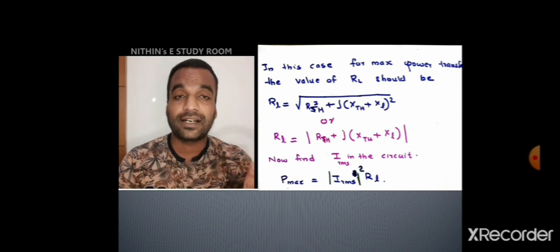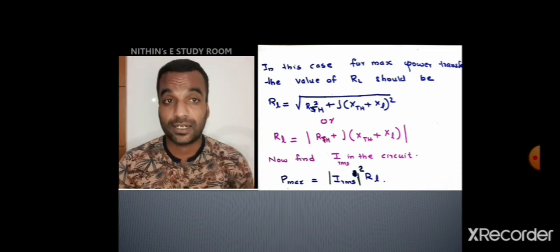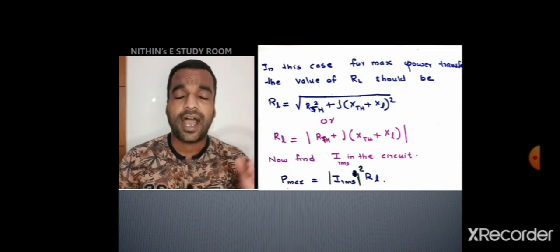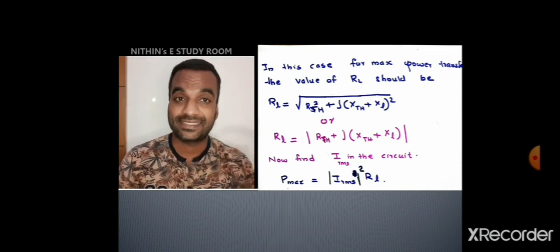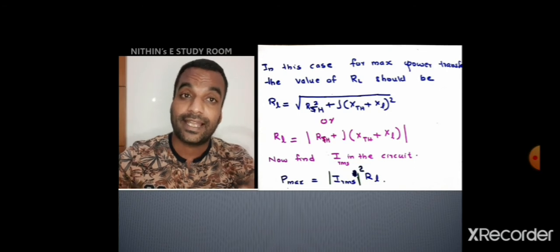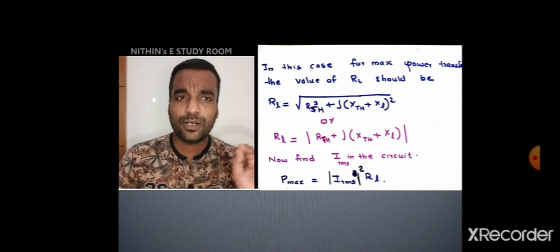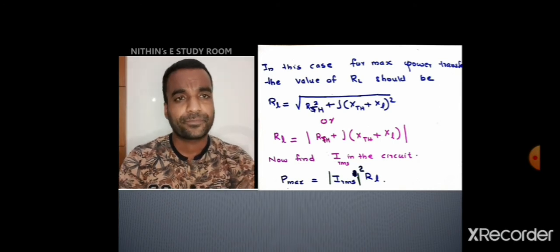Here, as you cannot replace the entire Z load, you are going to replace only R load, and R load is equal to R Thevenin plus JX. What is that X? X Thevenin plus XL. You have to consider load reactance and Thevenin reactance together. So R Thevenin plus J of X Thevenin plus XL, that is the vector.